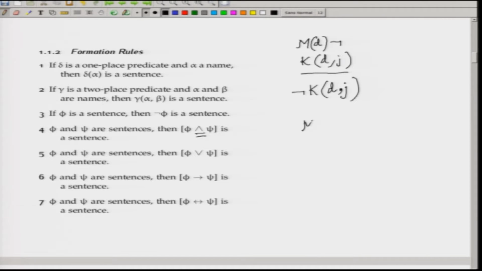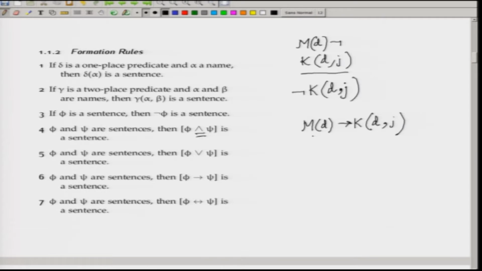So you have a sentence like MD and K D comma J. That's a perfect sentence. And if you want, you can have OR here. So then that will be another sentence. And if you want, you can have if-then here. Now this will mean if MD is true, then K D J is also true.